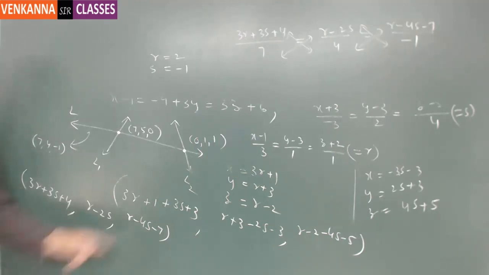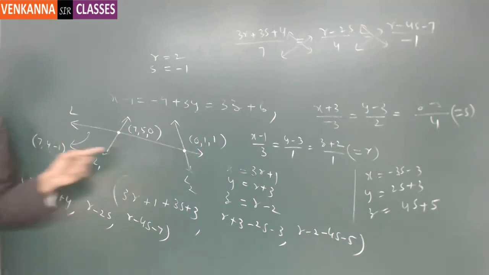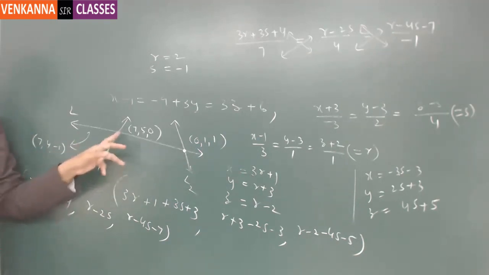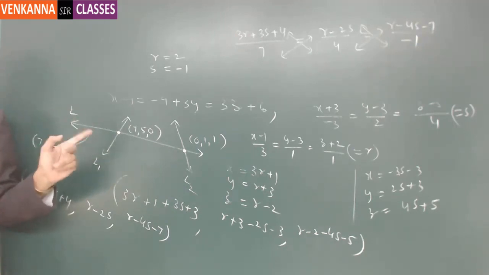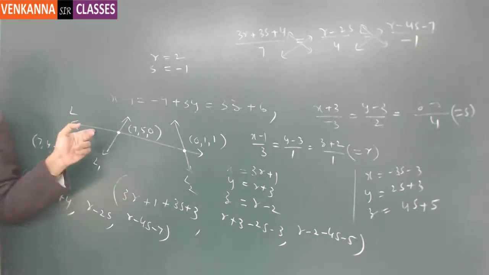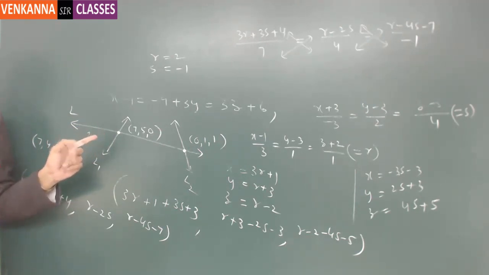Now, in order to write the required line equation, since you know the 2 points on it, you can use the 2-point formula to calculate the line equation. Is it required for you to write the 2-point formula?